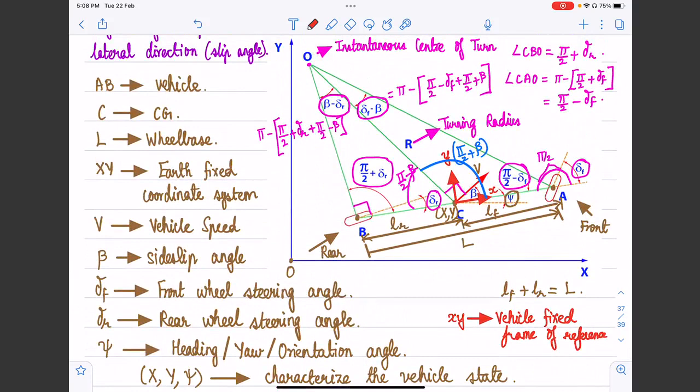Yeah, please go ahead. Usually, when the front wheels are steered, does the rear wheel also slightly steer a bit? I'm sorry, can you repeat the question? Your voice I could not hear clearly. Is it better now? Yeah, please go ahead.